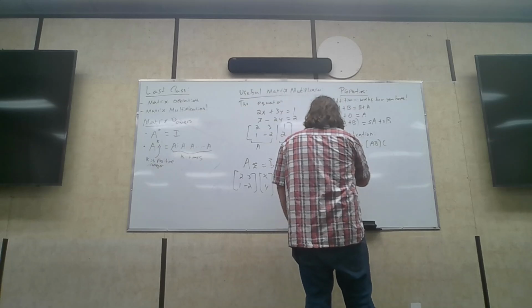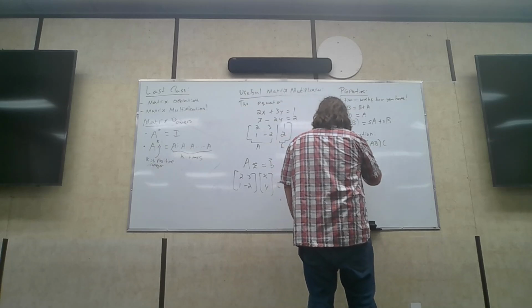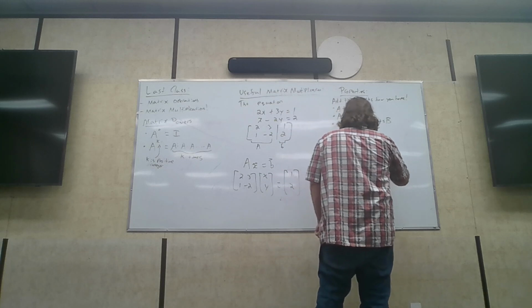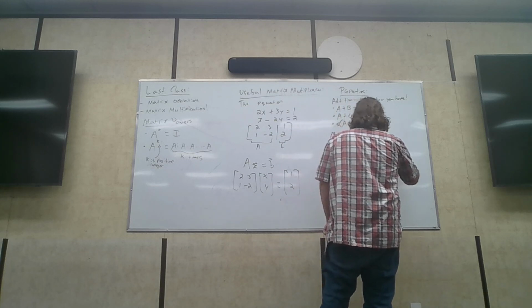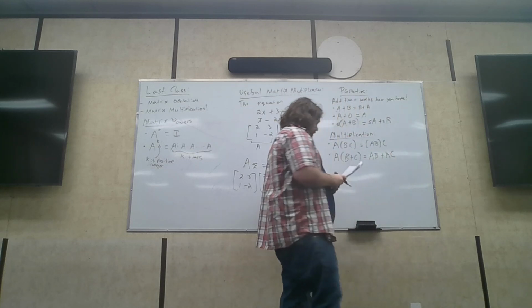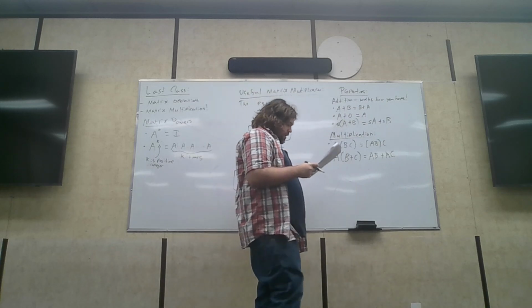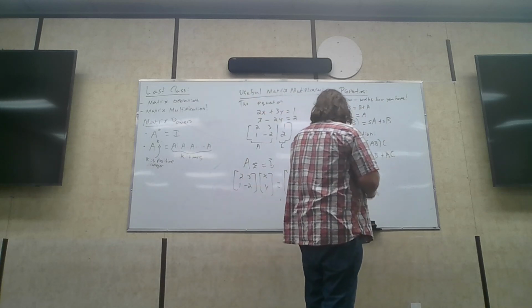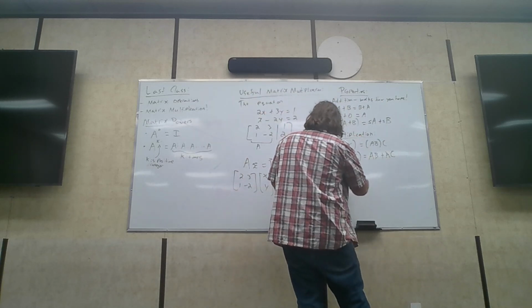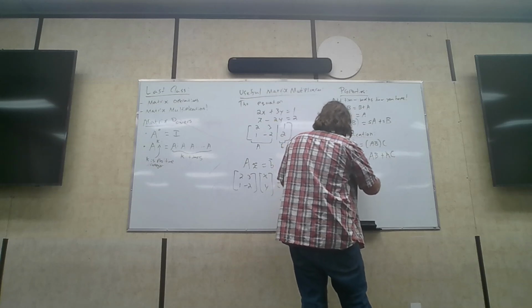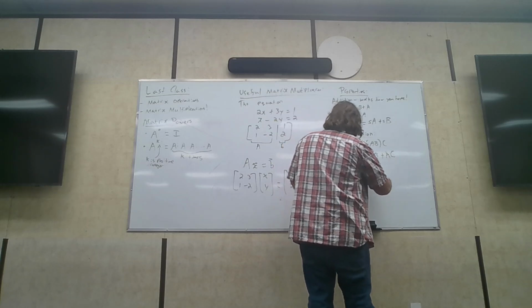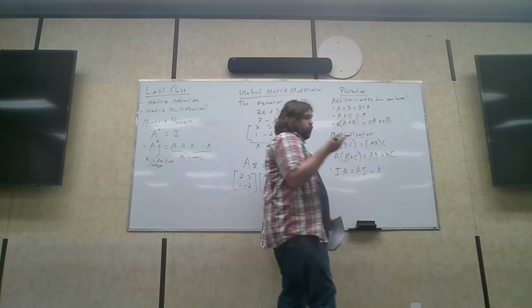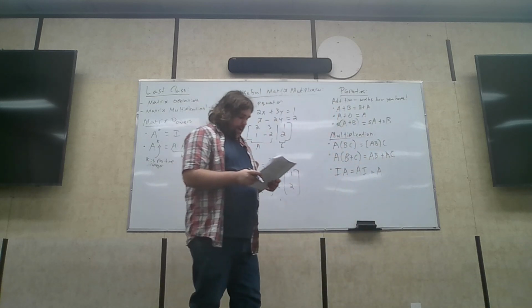It does interact nicely with addition, A times (B plus C) and so on, so that's distributive. Of course, I did mention this: the identity times A is equal to A times the identity, which is just A. It works as 1. Nothing happens there.